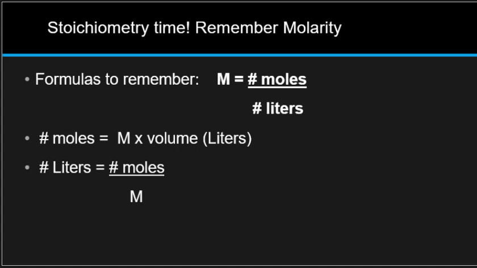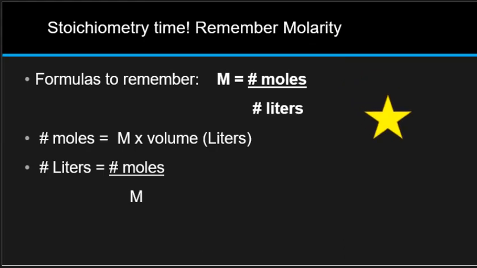I'm just going to call that L. And then I can get number of liters if I divide moles over molarity. We're going to need more room for other formulae in just a minute. This is nothing new. This is what we learned last time. I have a little star here to say, let's write that down. That was reminding me to write it down on the board because I need it.